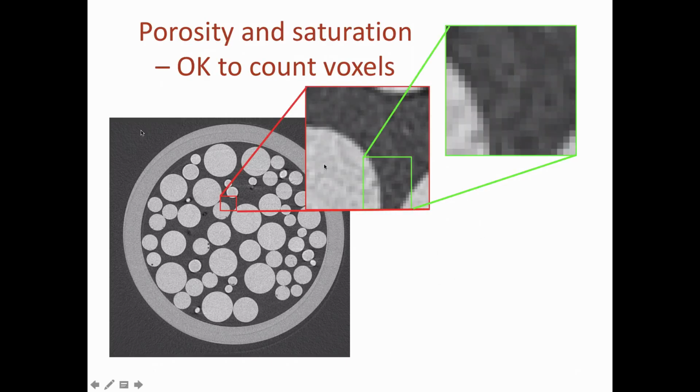So one thing that we commented on is that for porosity and saturation, which are volumetric averages of volumes in the image, counting voxels is okay. Even when your segmentation is not very good and has some relatively random noise, you are going to do rather well by just counting voxels if you're just focused on finding porosity.